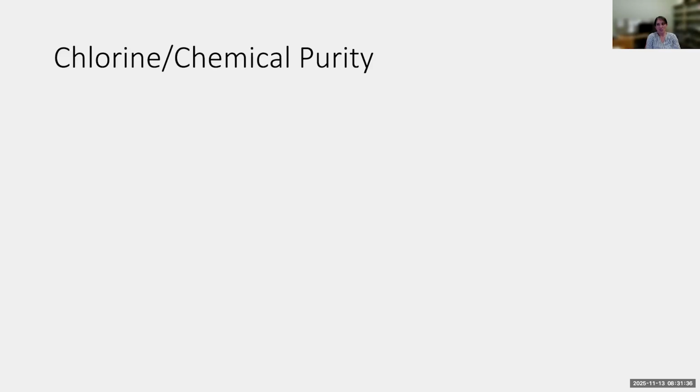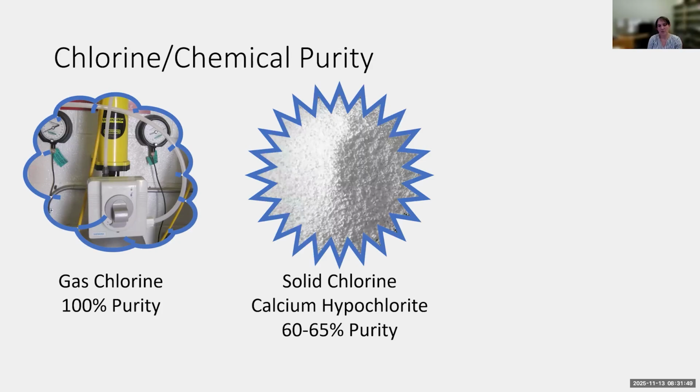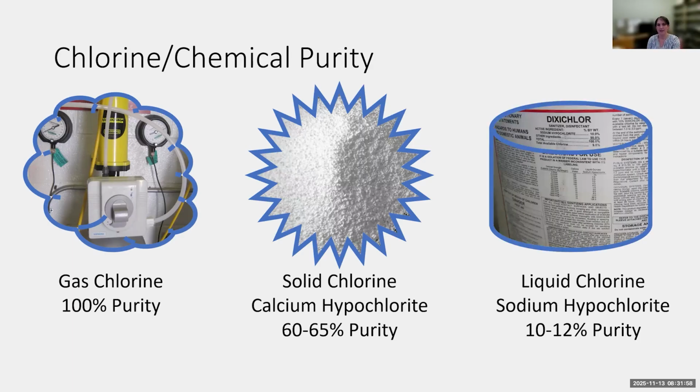I'm not going to go into too much detail here, but there are 3 types of chlorine. We have gas chlorine, which has a purity of 100%. We also have solid chlorine, also known as calcium hypochlorite, and this has a purity of 60 to 65%.